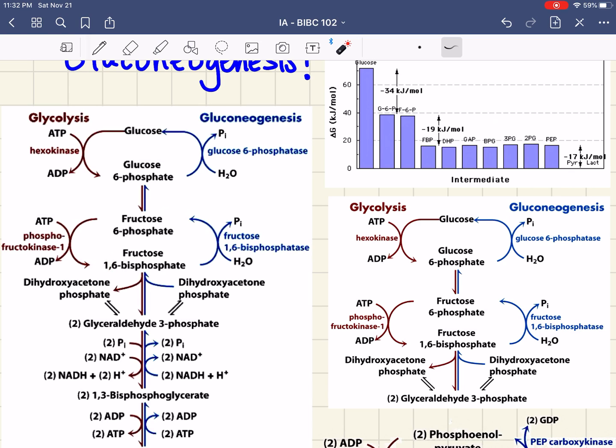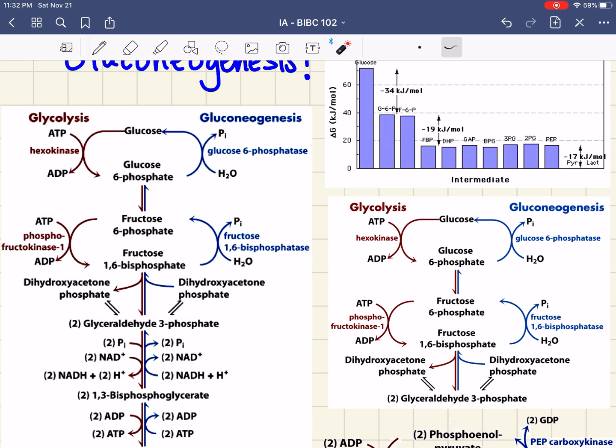How does it cleave? It cleaves with a phosphatase enzyme. A phosphatase enzyme is a hydrolase enzyme that takes water and plucks off one molecule of inorganic phosphate. You don't actually need to know that hydrolase part.